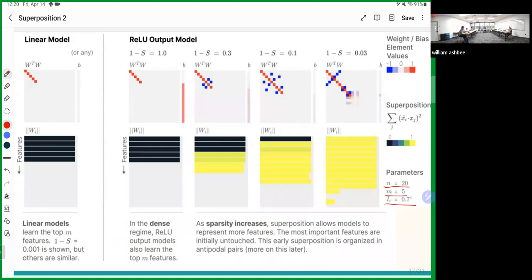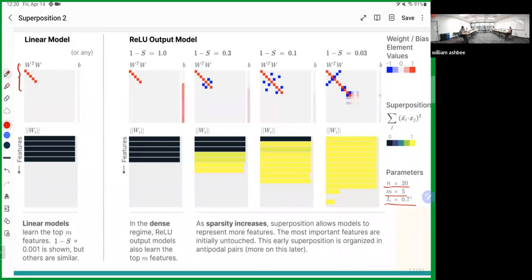For linear models, we can see that the linear model is encoding only the most important features. It is not able to encode any superposition. Okay. As for nonlinear models, the reconstruction in the hidden dimension starts to depend on the sparsity of the data.